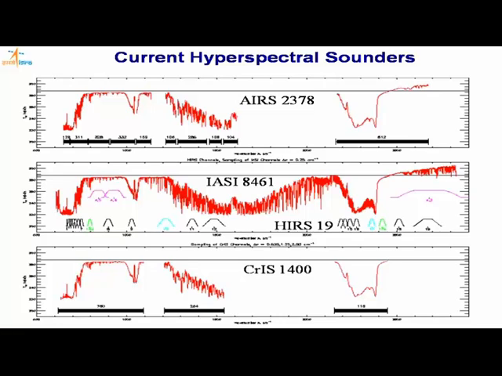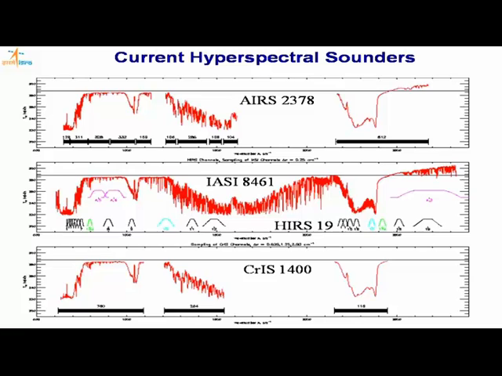So here you can see a comparison of current hyperspectral sounders. AIRS was launched in 2002 on board the Aqua satellite. IASI was launched in 2006 on board the MetOp-A satellite, and CrIS was launched recently in 2011 on the NPOESS Preparatory Project, NPP satellite.